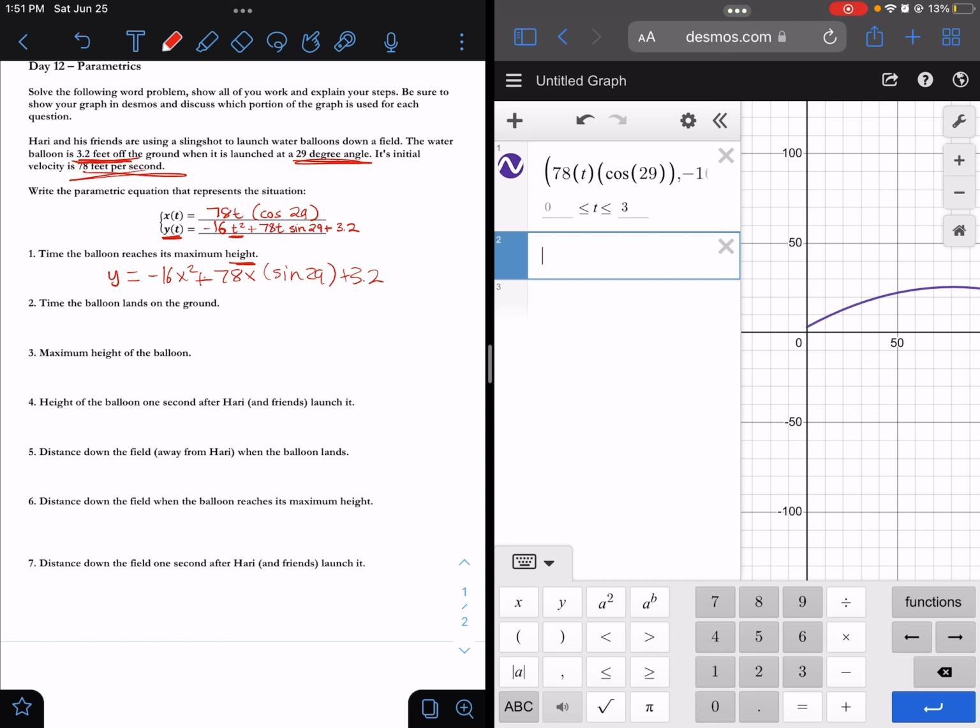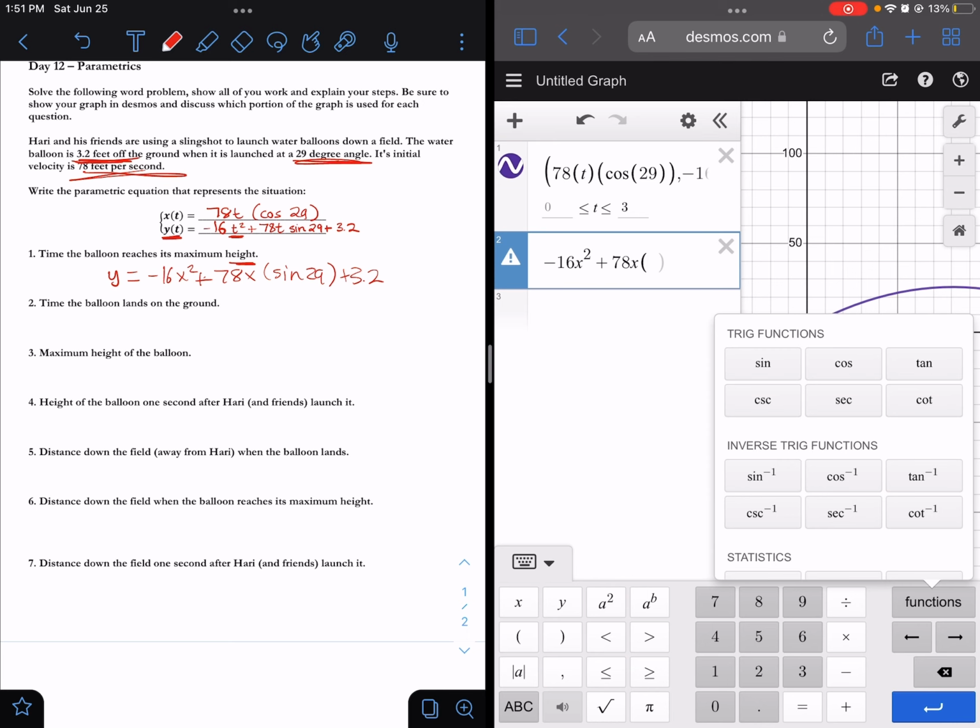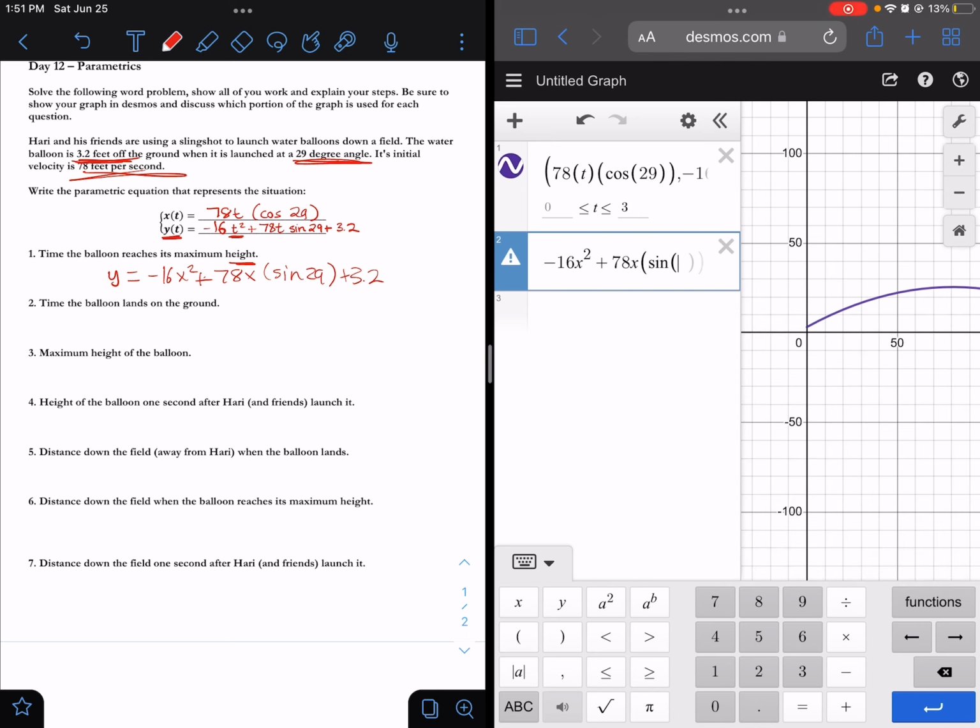So let's graph negative 16 x squared plus 78 x times sine of 29, close parentheses, plus 3.2.